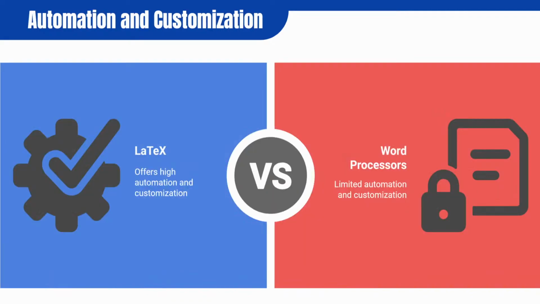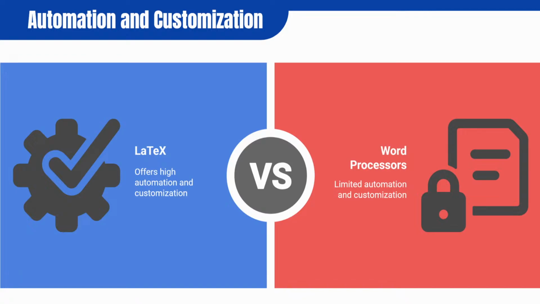Okay, so here we have automation and customization, and how LaTeX works automatically. Another standout feature of LaTeX is its ability to deliver automation and customization like no other document tool.